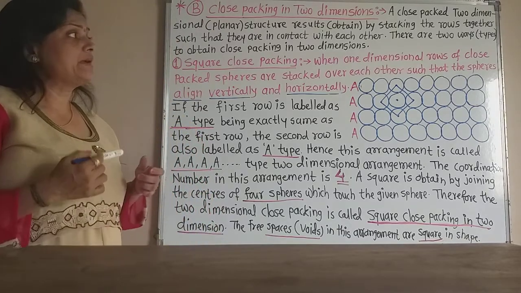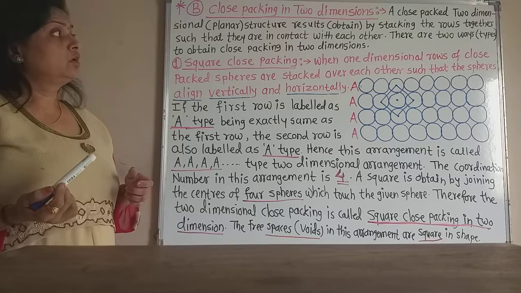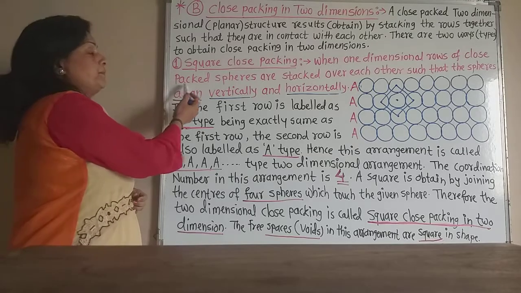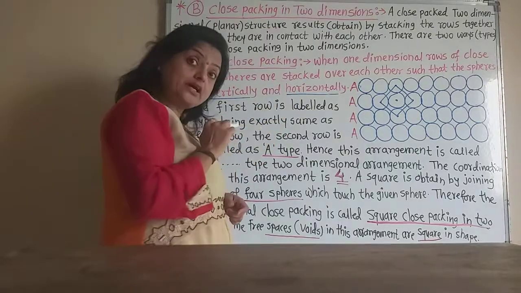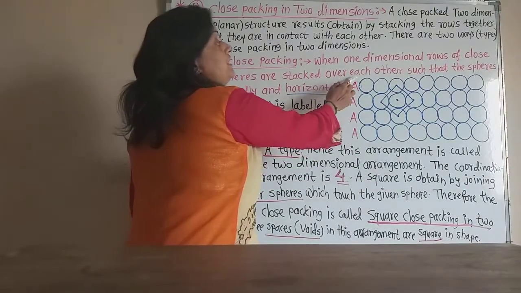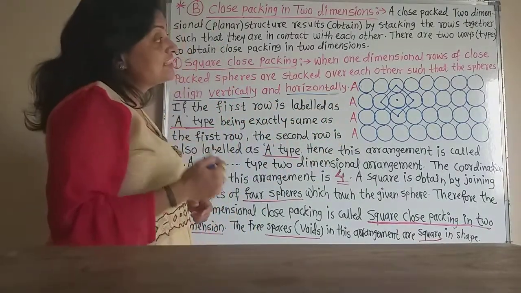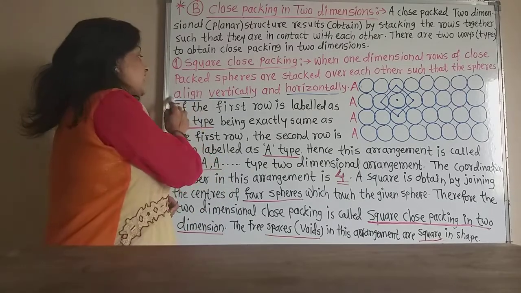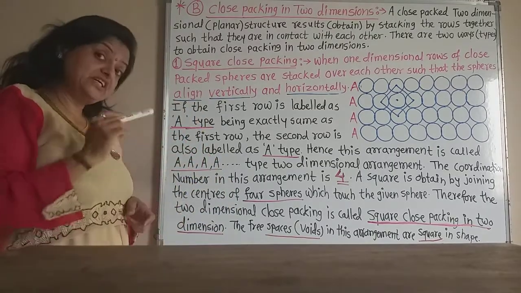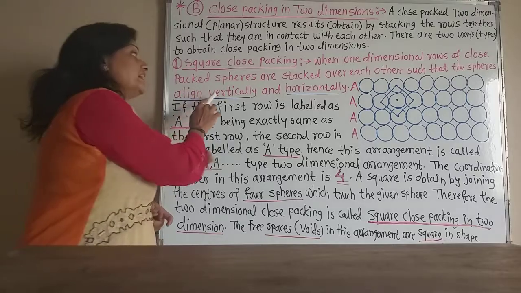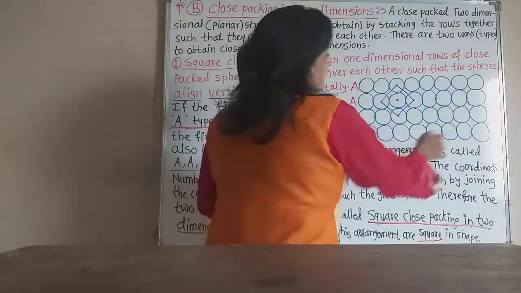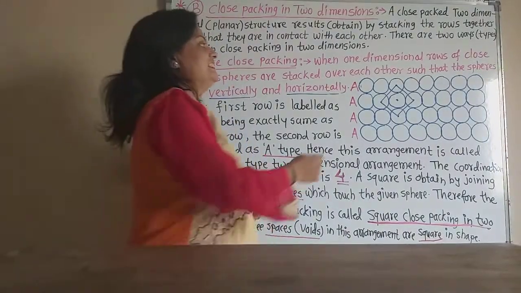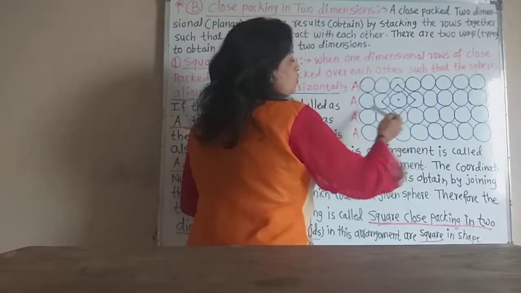When 1-dimensional rows of close packed spheres are stacked over each other such that the spheres align vertically and horizontally, as shown in this figure. Now see, these are the 1-dimensional rows.